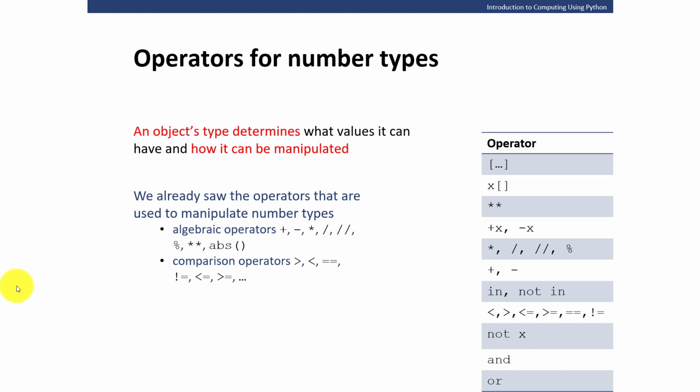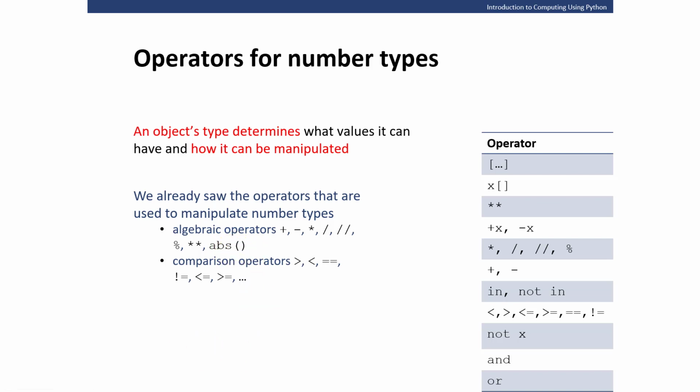Now, let's revise. We already saw the operations that are used to manipulate numbers. So if you remember, we have the algebraic operations, and the absolute here is a built-in function that will give you the absolute value of a number.